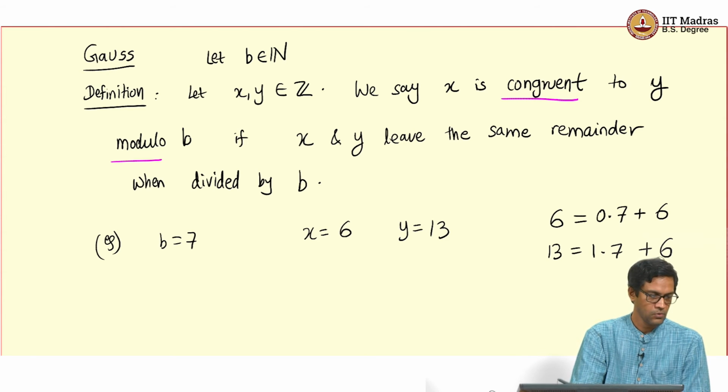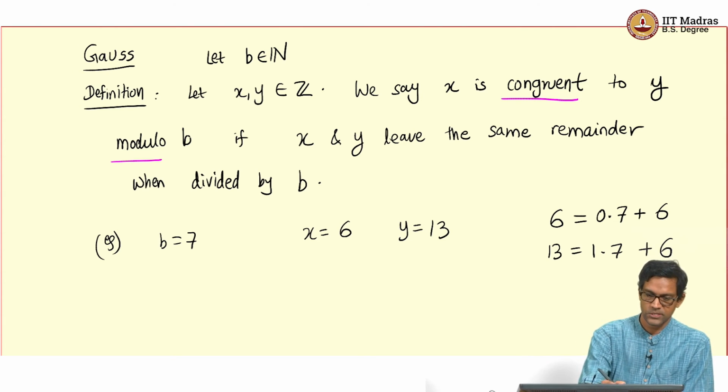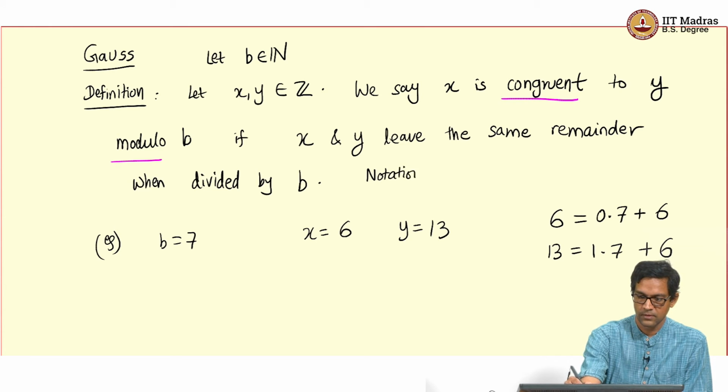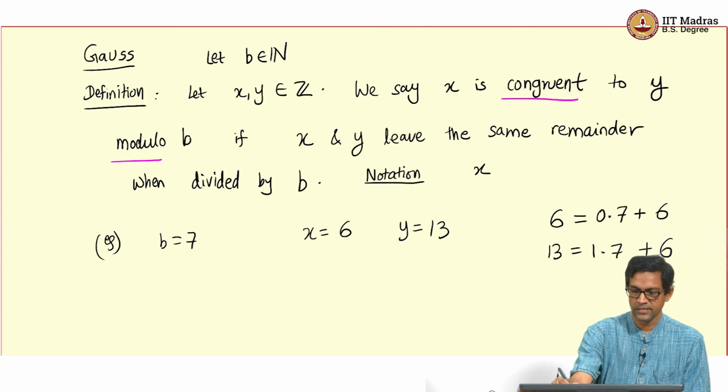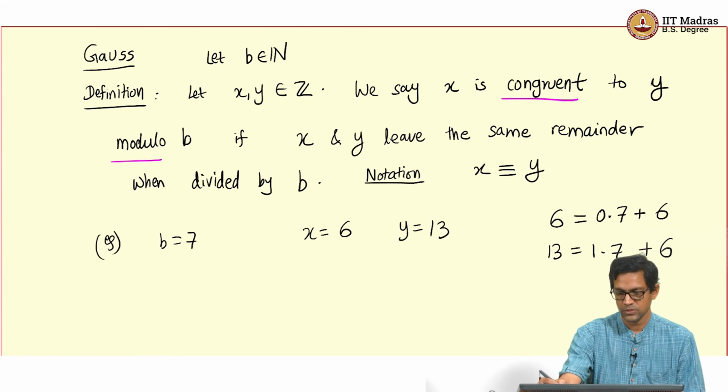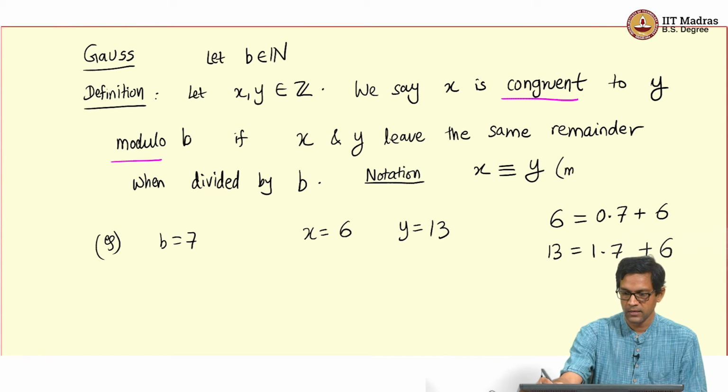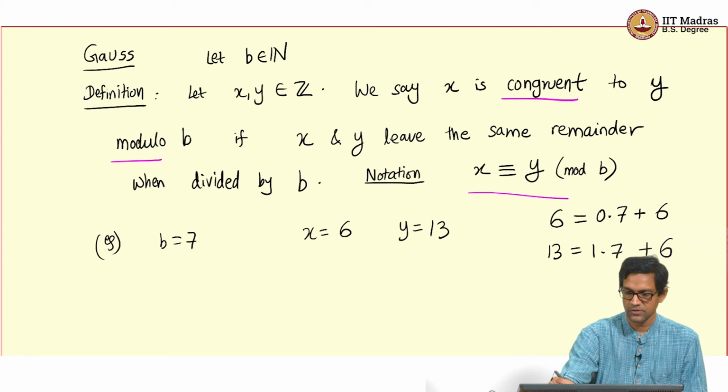Okay. Now there is a notation for this. We write these three lines, read it as congruent to, so x is congruent to y mod b. Okay, so this is the notation for this definition.